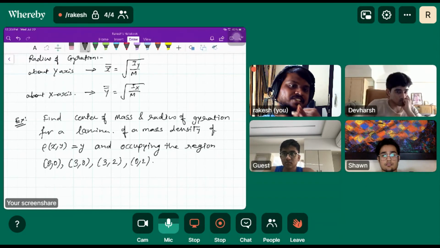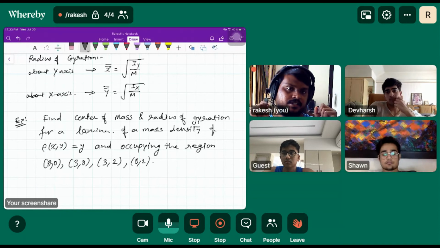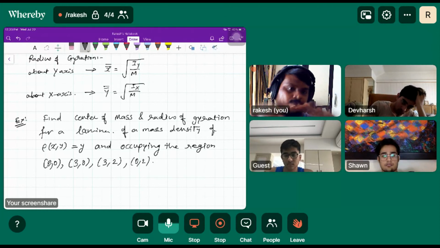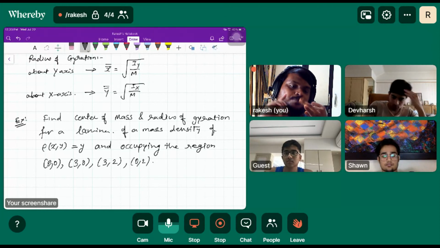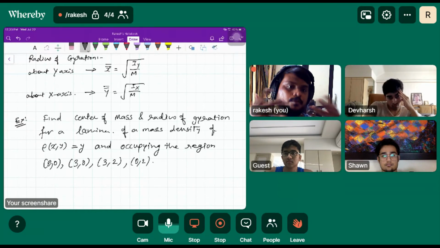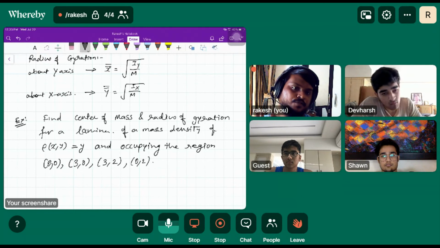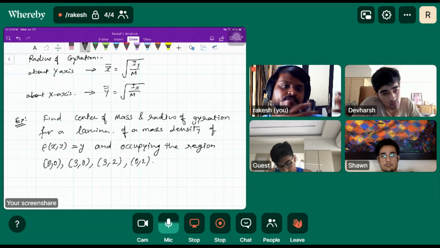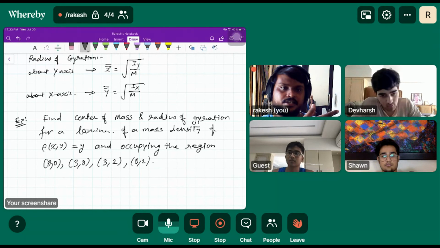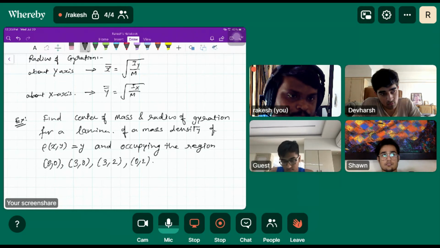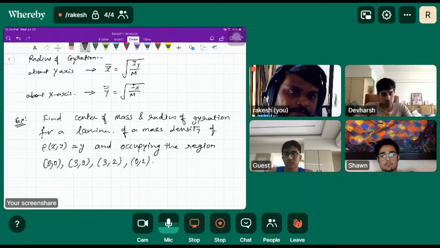So charge density will give you the total charge, right? The mass density gives you total mass. Charge density on the plate gives you total charge, and population density will give you total population. Are you getting that? So the concept will be the same as what we just studied, but based on a different density function, we will get a different idea, and that will give us a different answer. Understood?